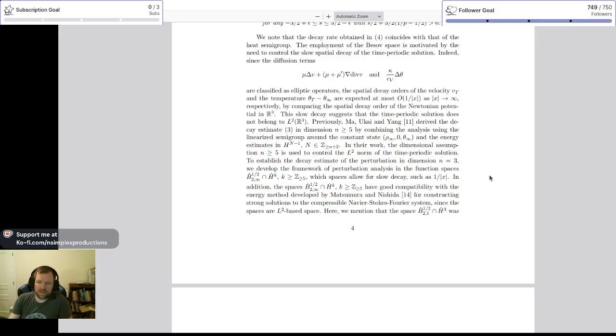In their work, the dimensional assumption n greater than or equal to 5 is used to control the L2 norm of the time periodic solution. To establish the decay estimate of the perturbation at dimension n equals 3, we develop the framework of perturbation analysis in the Besov function spaces.